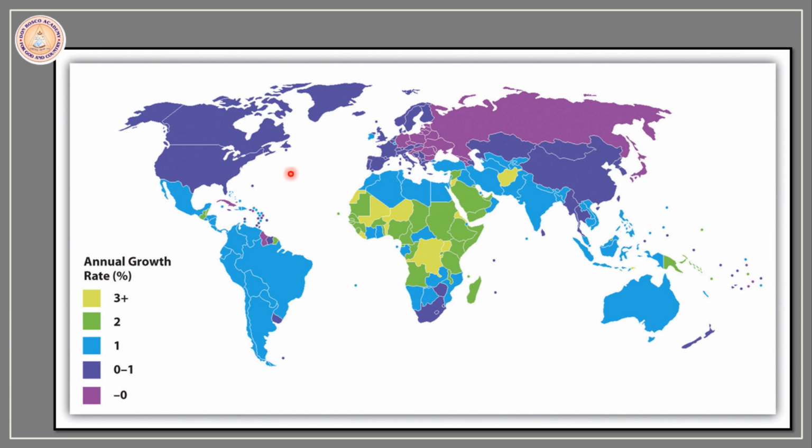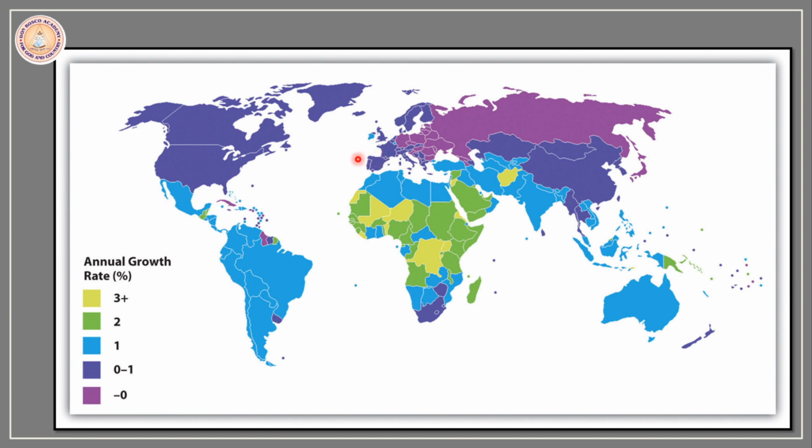So, countries like USA, Canada, the West European countries experienced a high rate of population growth earlier in the initial period, but they were able to bring down this birth rate and slow down the growth of population.